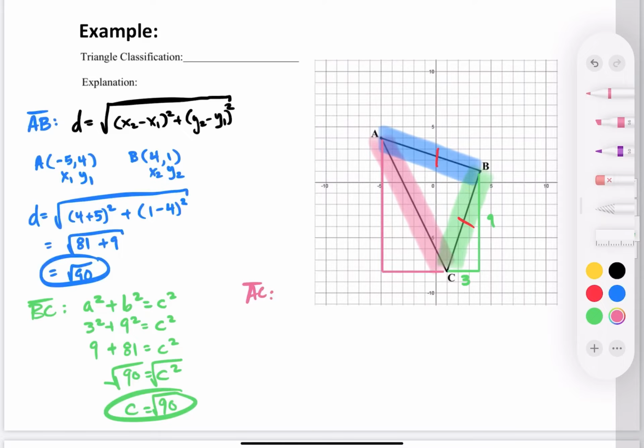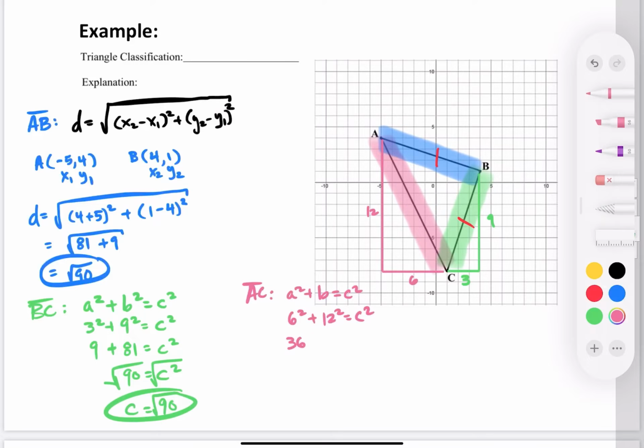Okay, so now that I have these, we're going to figure out the distance of each of these sides. So over here on the bottom is going to be 6 units wide, and going up and down, that looks like it's going to end up being 12. So if I plug it into our formula, a squared plus b squared is equal to c squared, well, a is 6 squared plus 12 squared is equal to c squared.